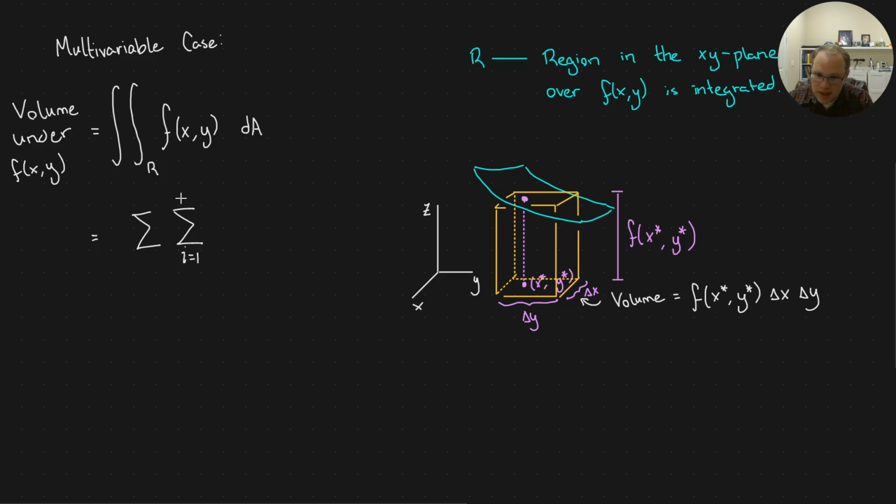So i equals 1 to m. That will add up the blocks in the x direction. Sorry, not rectangles, the blocks. Let's call them blocks.